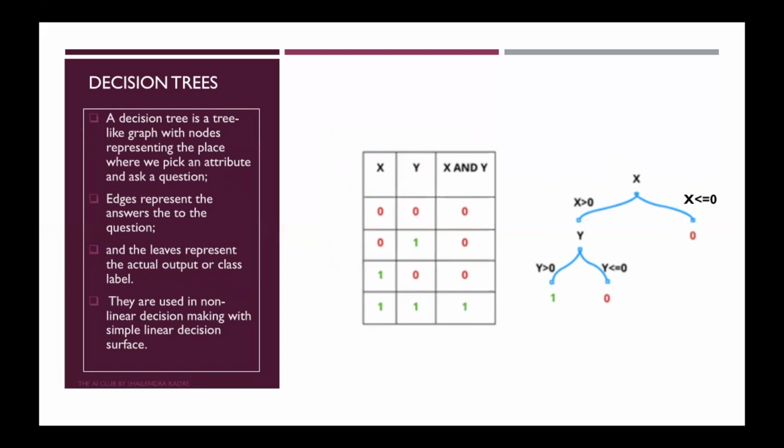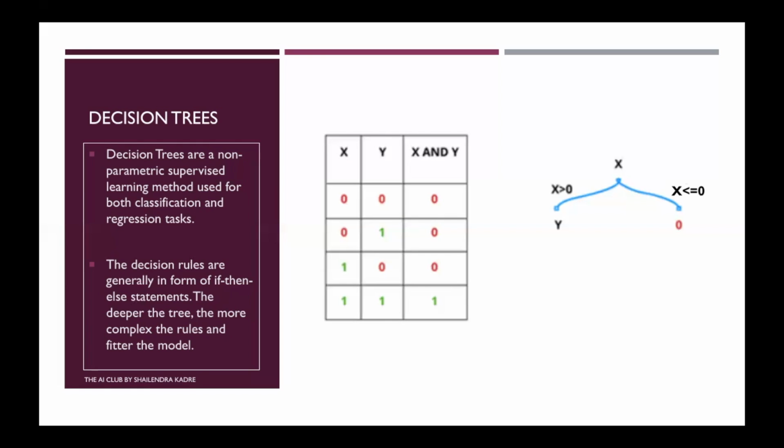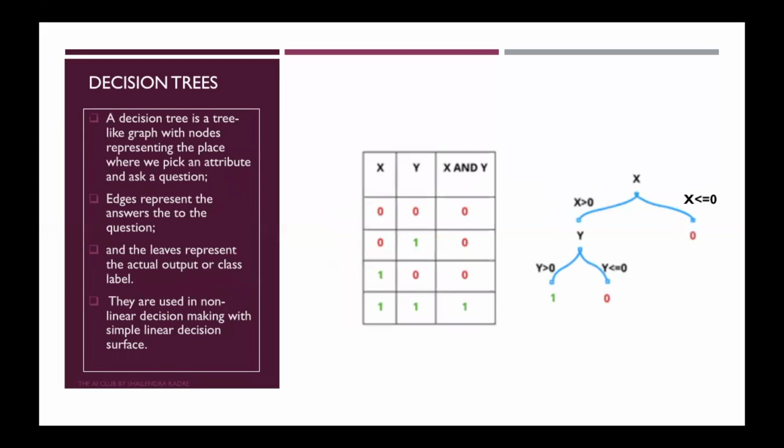Moving forward, here we have done the same thing. Earlier we directly said that if x is greater than 0, then the value of target is equal to the value of y. Here we are further detailing it down. If y is greater than 0, then we are making the target 1, otherwise we are making the target 0.